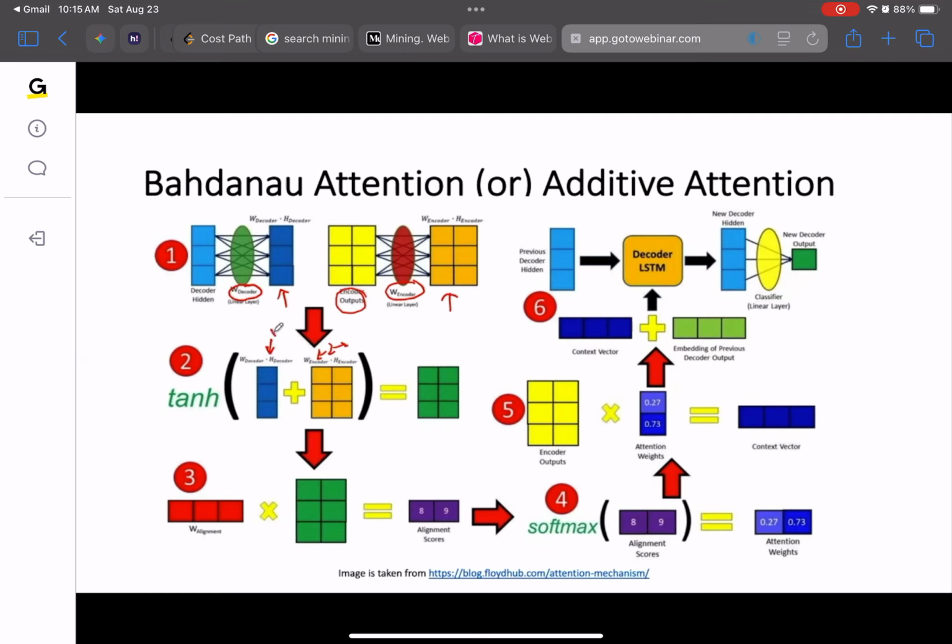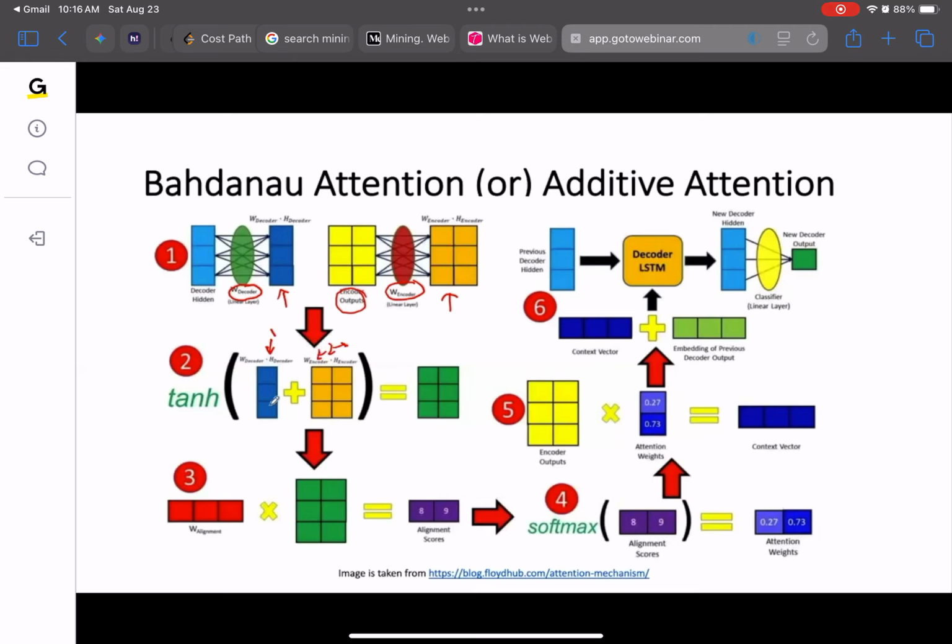We add this vector onto the first column, and we get a resultant vector.